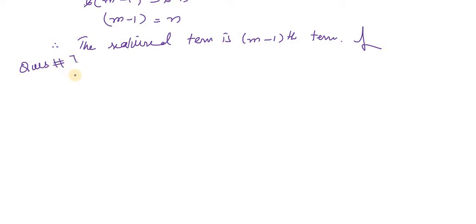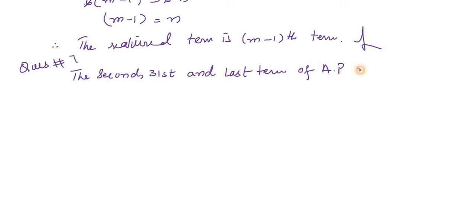Question number 7. The second term, that means T2, and the 31st term, that means T31, and the last term, that is Tn, of an arithmetic progression having difference same, are 31 upon 4, 1 upon 2 and minus 13 upon 2 respectively.